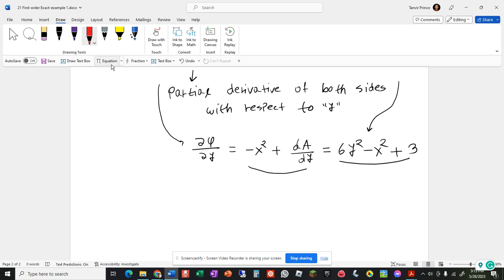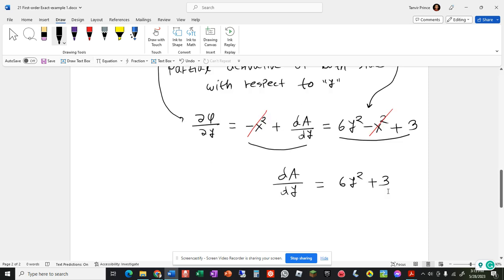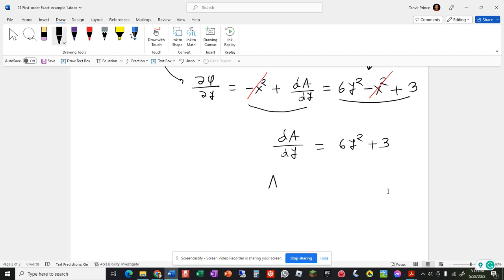So from here, I can cancel out negative x squared from both sides. And look at here, the derivative of A with respect to y is equal to 6y squared plus 3. So from here, I can easily find my A of y.